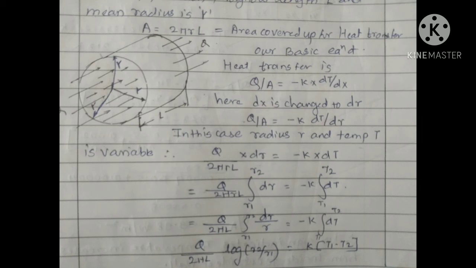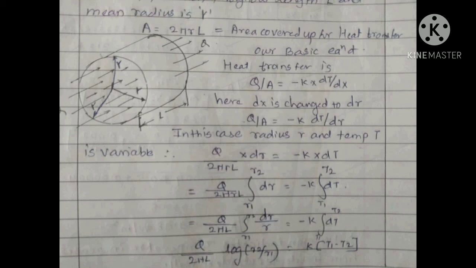Now applying Fourier's conduction equation to that concept, there are some changes in the equation. Instead of dx we consider the radius of that section, so instead of dx we have a term dr. So our equation becomes q upon A is equal to minus k into dT upon dr. Now in this case, radius and temperature are both variable.